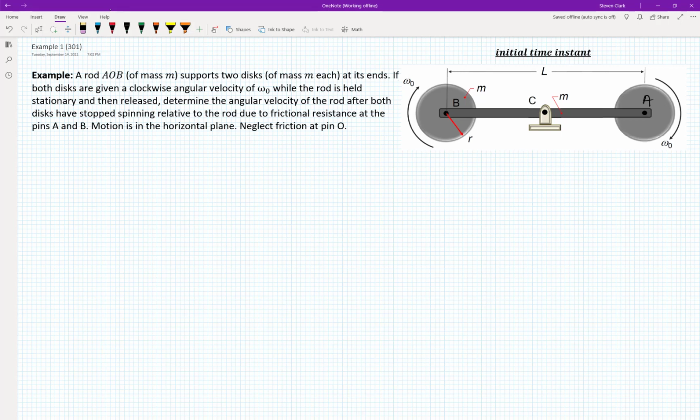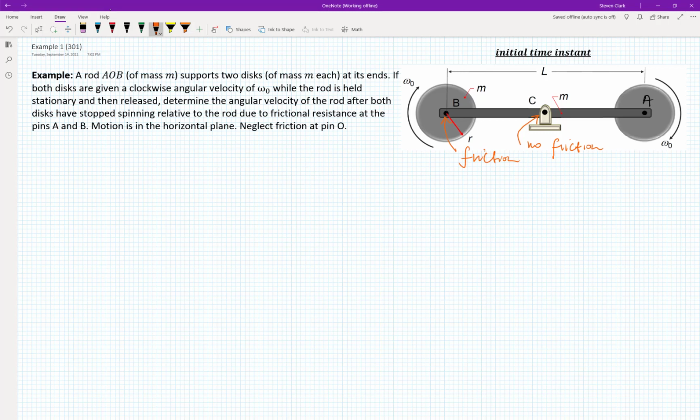And also, the authors of that problem told us that there is no friction in here. No friction at point C. But there is friction at point B and at point A. And due to that friction present at point B and point A, basically our entire system will start rotating, right?